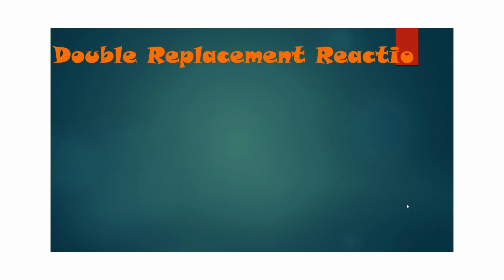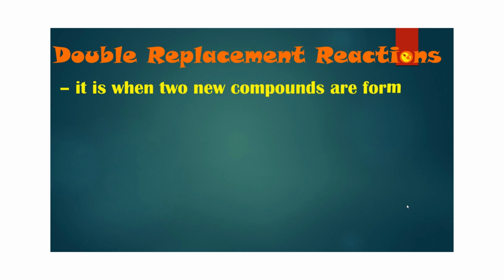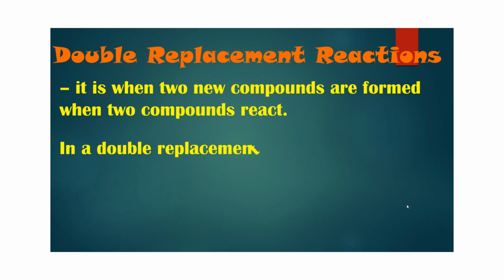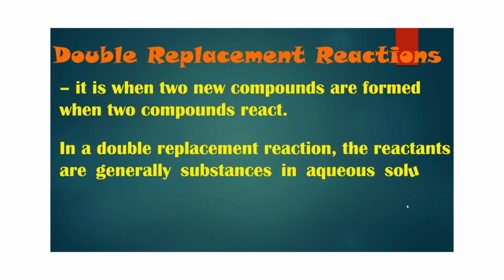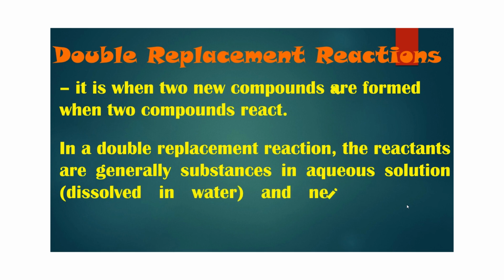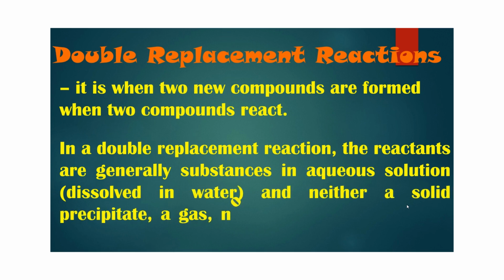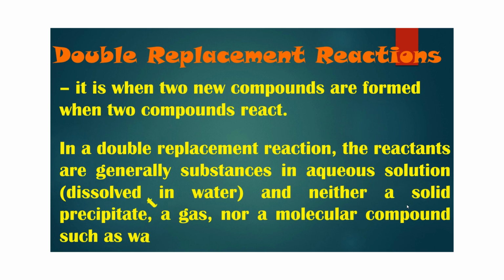And the next one is the double replacement reaction. It is when two new compounds are formed when two compounds react. In a double replacement reaction, the reactants are generally substances in aqueous solution, dissolved in water, and one of its products is a solid precipitate, a gas, or a molecular compound such as water.